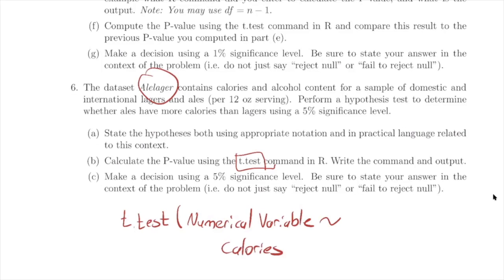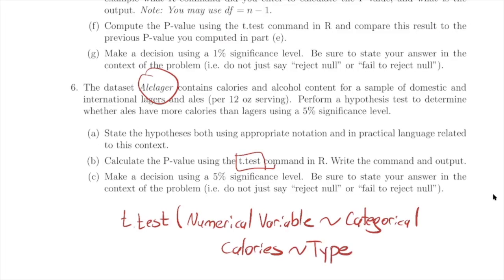And then you enter how we're going to split this into categories, by type. What is the variable name? Type. Okay.